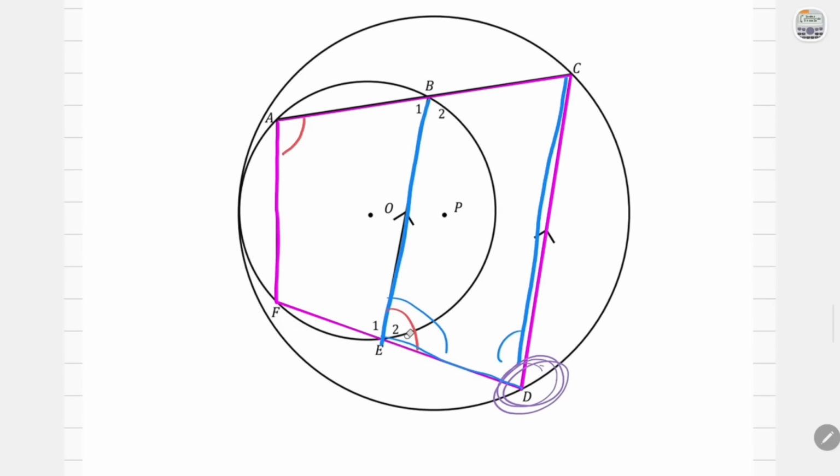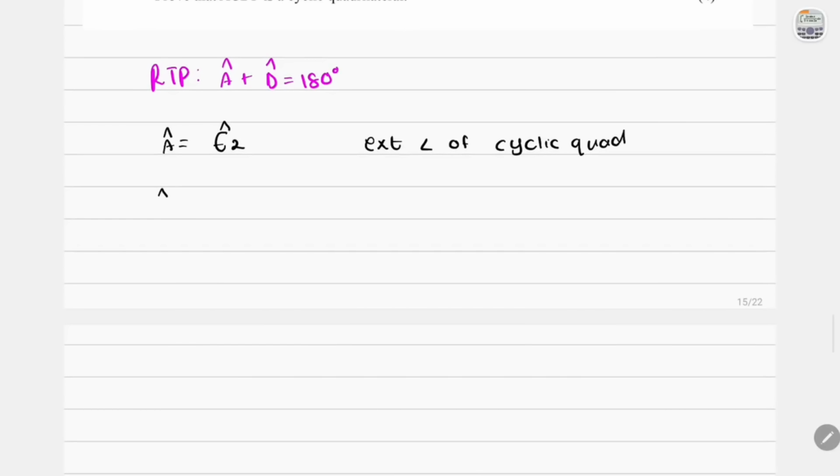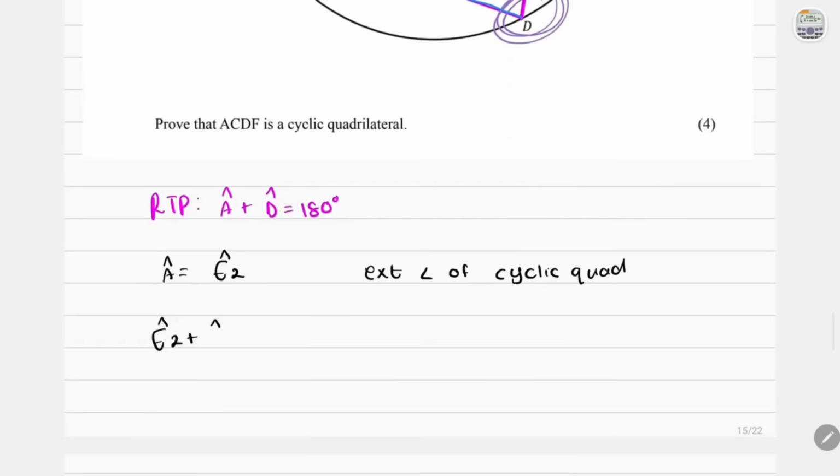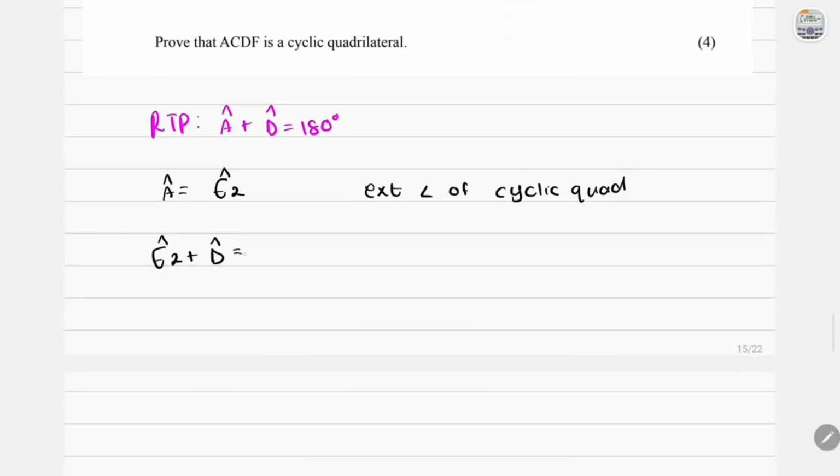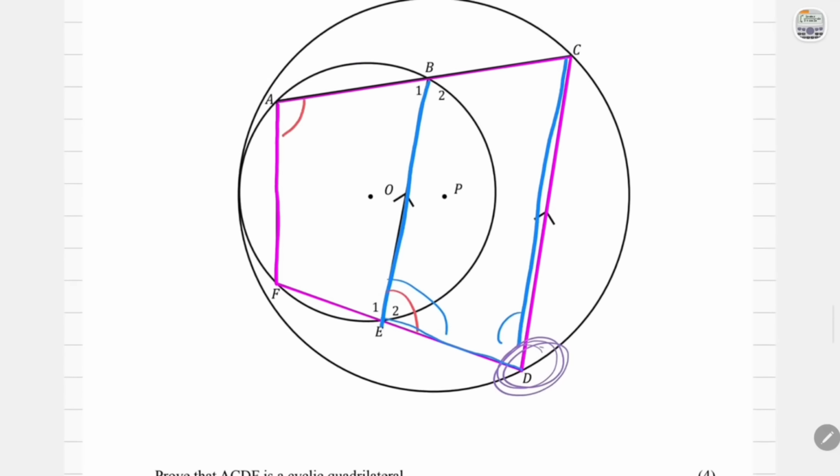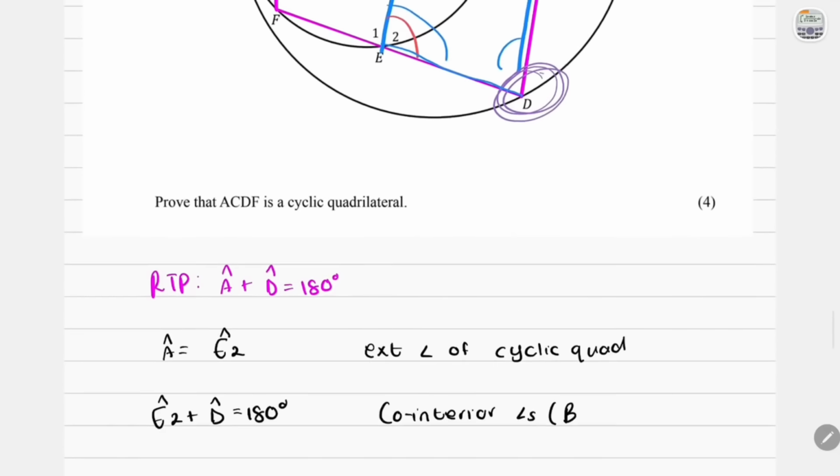And from angle E2, you see that because it lies between parallel lines, the co-interior angles add up to 180 degrees. So angle E2 plus angle D is equal to 180 degrees. And this is because of co-interior angles on parallel lines. You can specify the lines that are parallel: BE is parallel to CD.